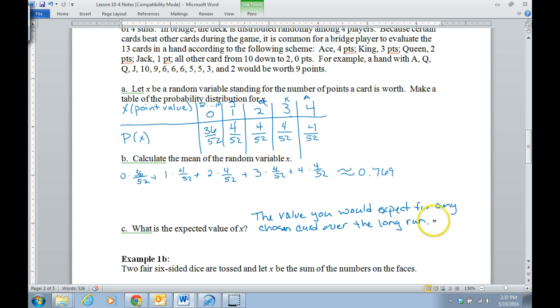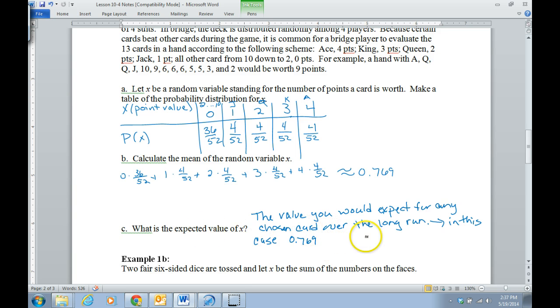Okay, so in this case, $0.769 is the value over the long run, even though there's not really any cards with this value. Is that for B or C?